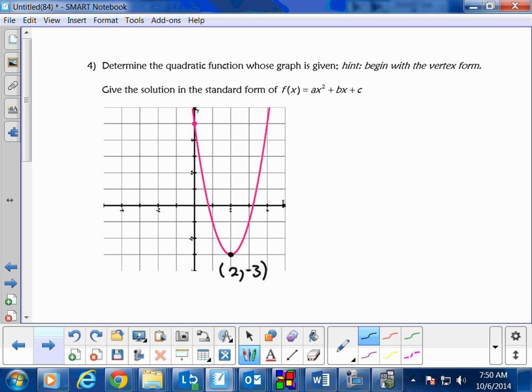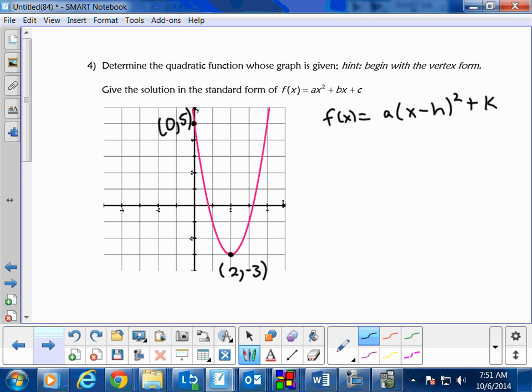So if I have my vertex form of the equation, a(x minus h) squared plus k, I can go ahead and fill in a couple of things already. Because you have another point over here, which is 0, 5, you can actually determine the a.